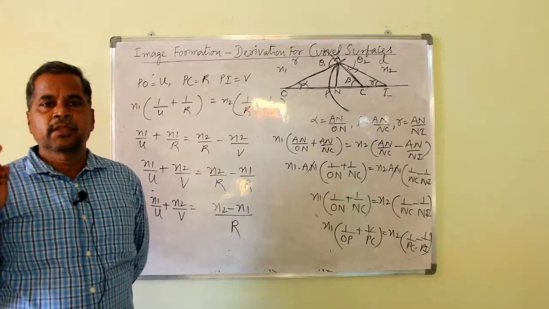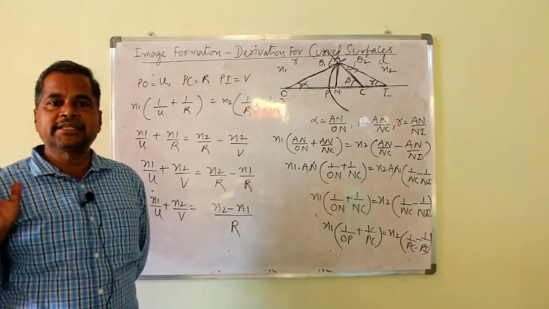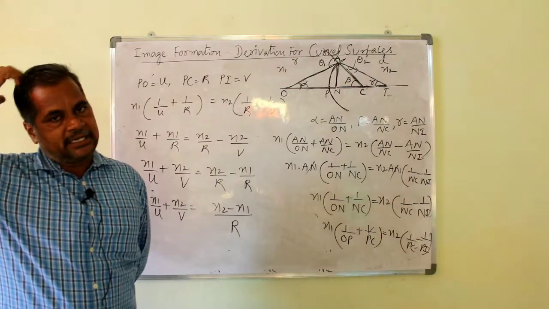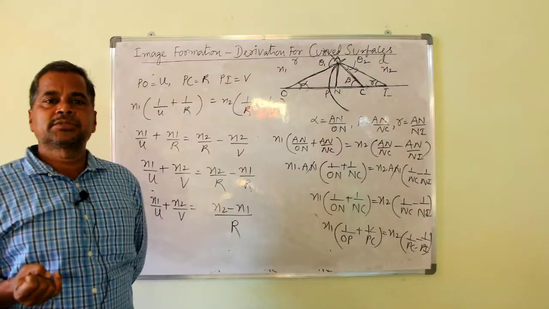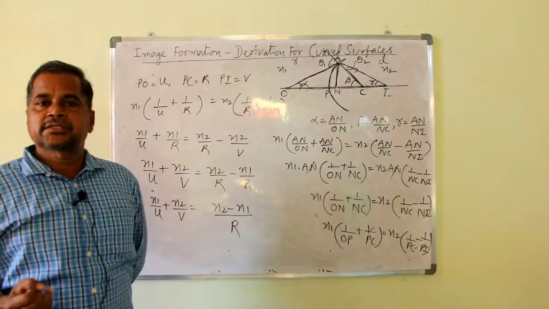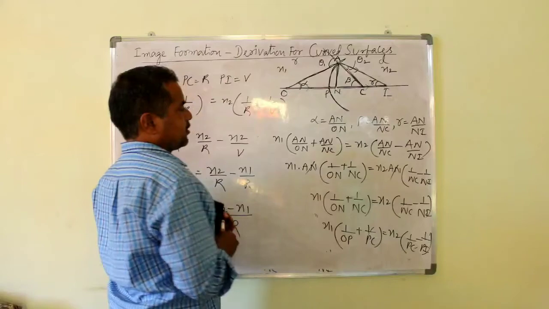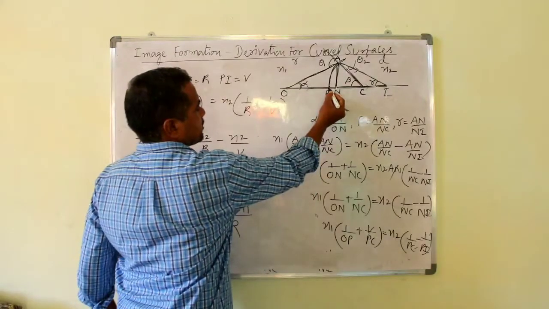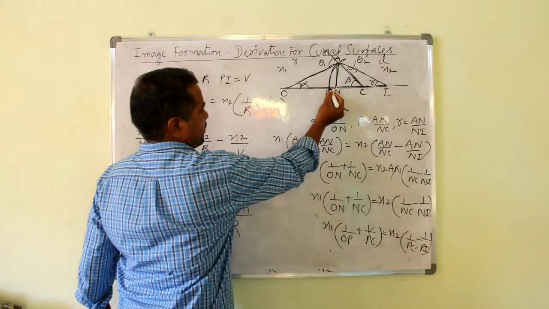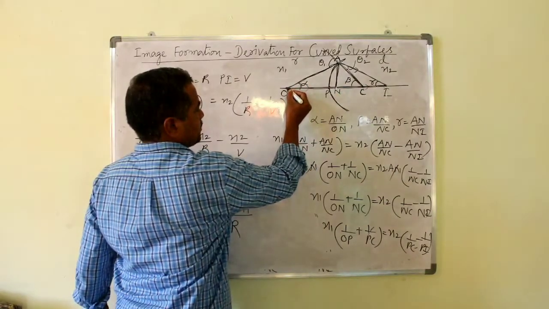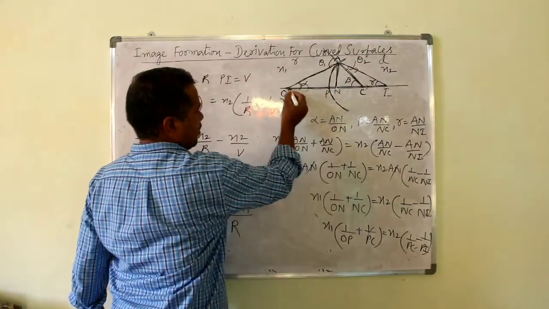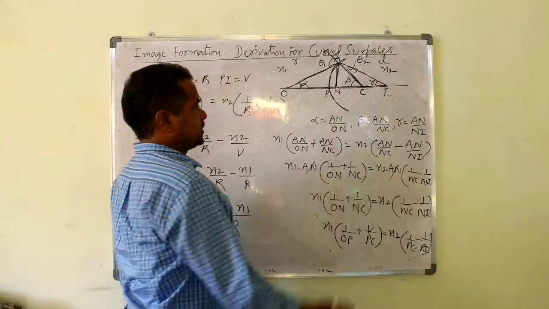First, we should measure all distances from the optic center, while measuring the distance of the object, the distance of the image, or the radius of curvature. The distance of the object is measured from the optic center to the object.